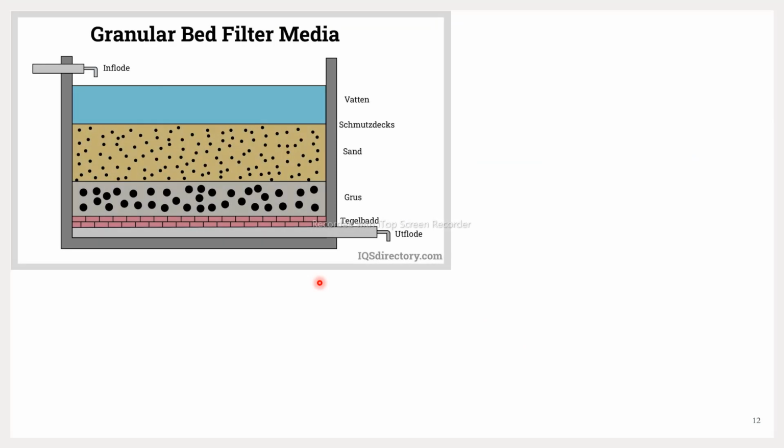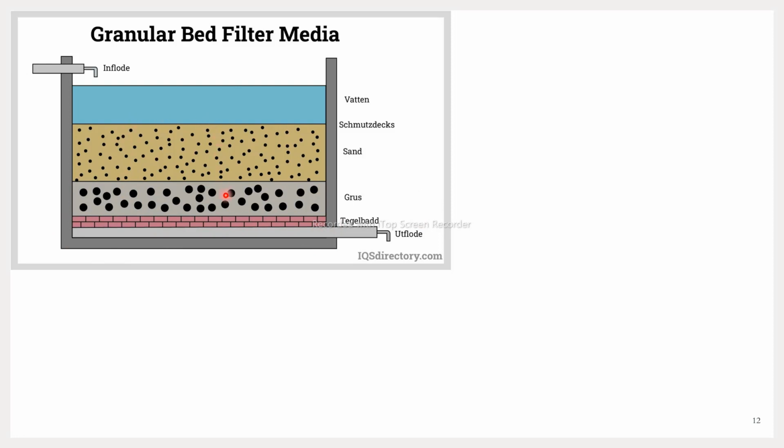Now this is a granular bed filter media. The inflow is coming as it was given in the last MCQ, and the outflow is going from top to bottom. It is taken from this website. From top to bottom, there are basically the sand particles and then the gravels, and then these are basically broken bricks.